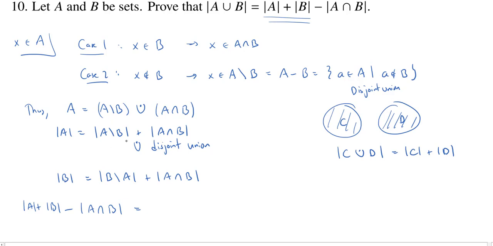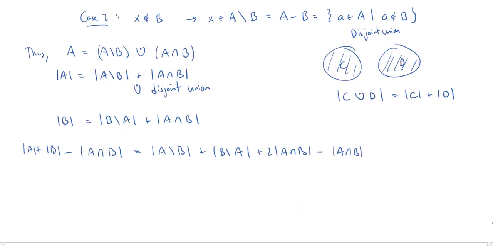I have the cardinality of A without B. I have the cardinality of B without A. I have two copies of the cardinality of the intersection. And then I'm subtracting at the end a copy of the cardinality of the intersection. And so this piece here just becomes one copy of the cardinality of the intersection. So you have A intersect B.